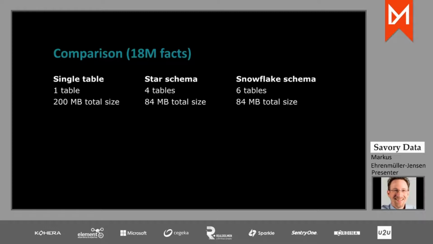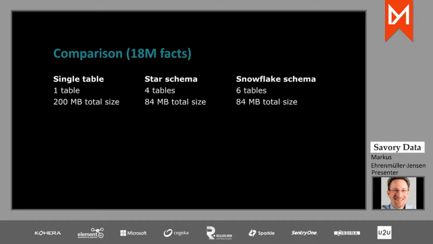But still, it means that we end up with a model which is almost 3 times as big compared to the star schema and snowflake schema. And if it's bigger, of course, it will be slower because opening up the Power BI file, it will be slower to load everything into memory. Finding things, of course, we then have to scan more bytes of data, so the performance of your model will be slower.